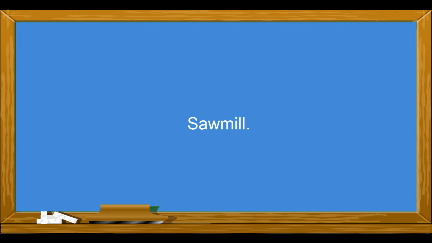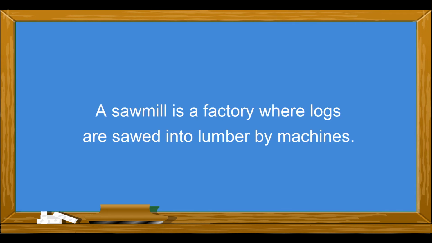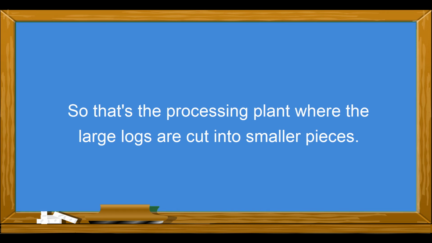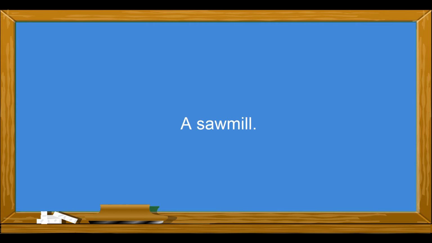Sawmill. A sawmill is a factory where logs are sawed into lumber by machines. So that's the processing plant where the large logs are cut into smaller pieces. Virgin forest.